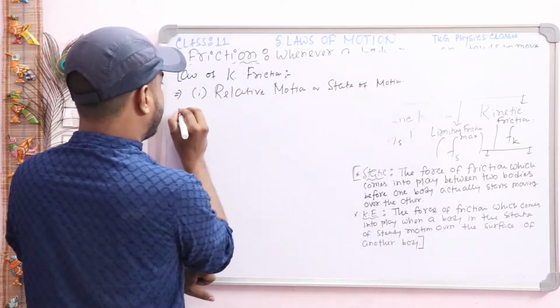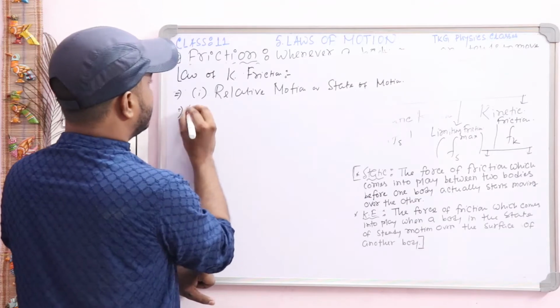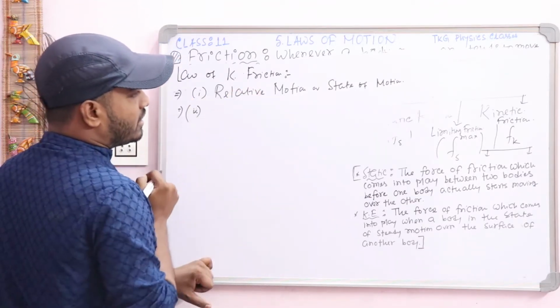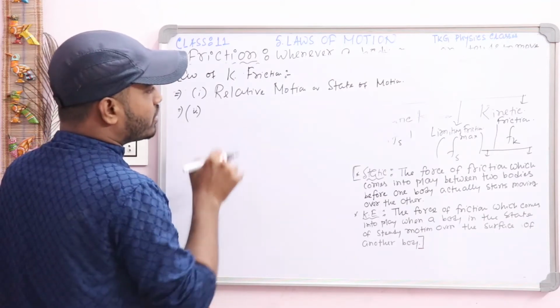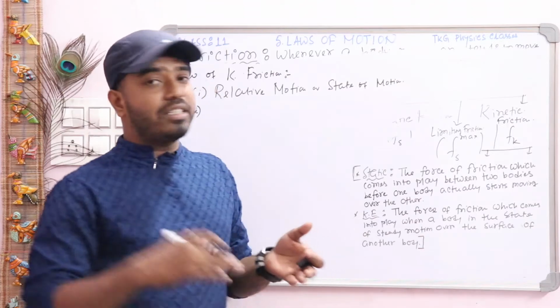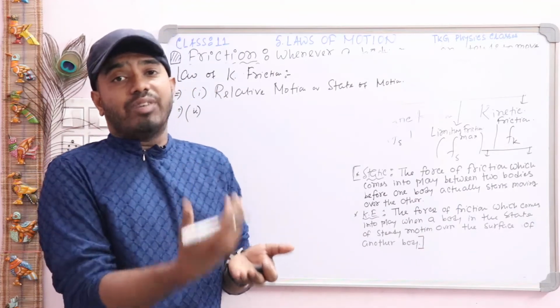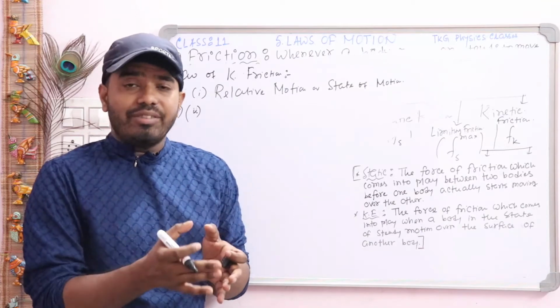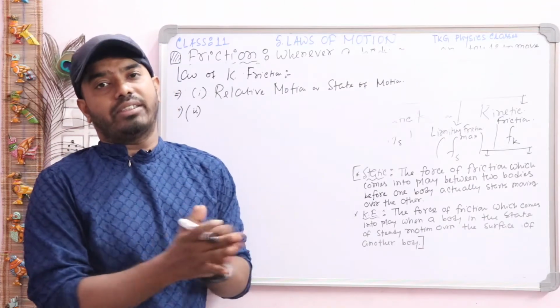Okay. Now the second point: the kinetic frictional force is constant. Kinetic frictional force is independent of velocity. That is, whether a body is moving with a velocity of 10, 20 or 50, the kinetic frictional force doesn't depend on that.